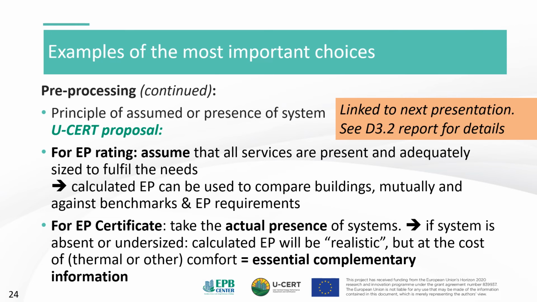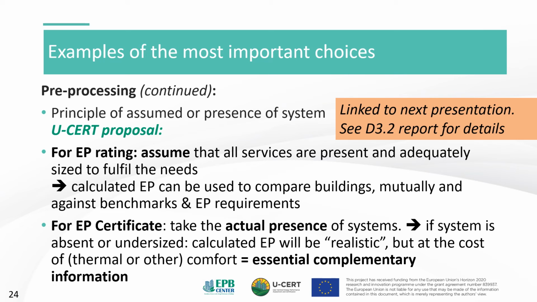But then, for the EP certificate, it is proposed to take the actual presence of the systems. This means that if a system is absent or undersized in the building or in part of the building, the calculated energy performance will be realistic and will be comparable with measured energy performance. But this will be at the cost of comparability with other buildings and also at the cost of thermal or other comfort.